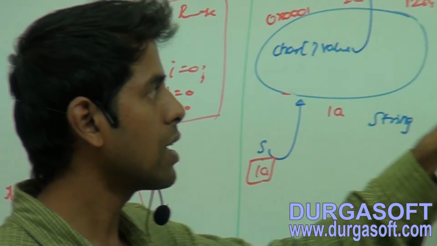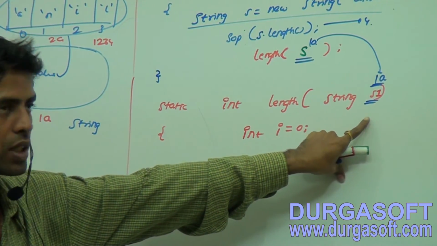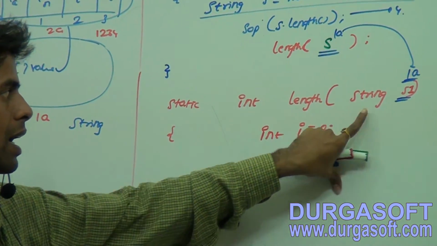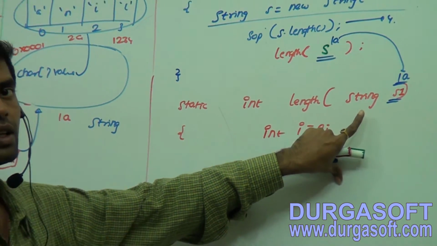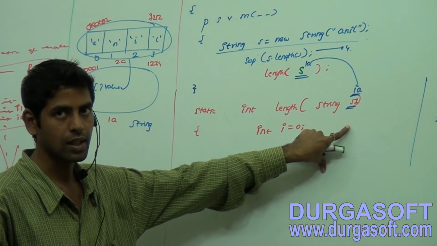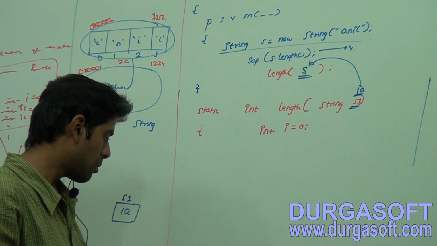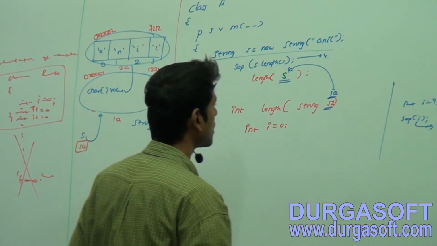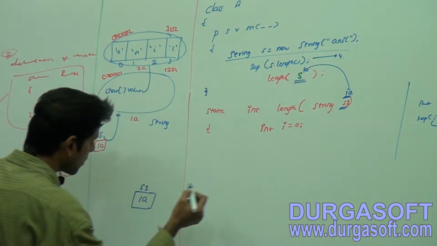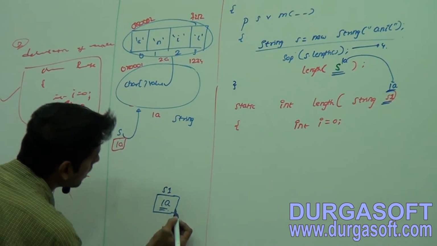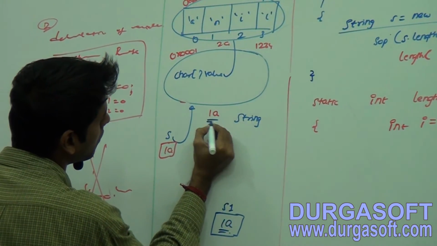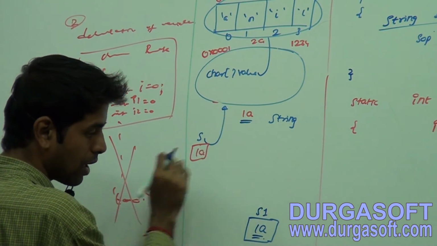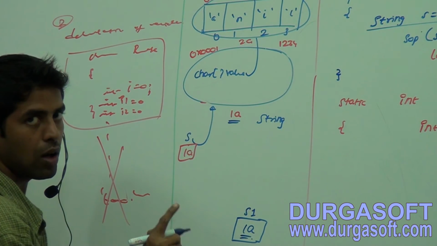Okay, now 1a has been passed to this length method having argument as string s1, and this s1 is a local variable to this block, that is for this method. Okay, now observe, now s1 value is what? 1a, and this object reference value, both are same or not?